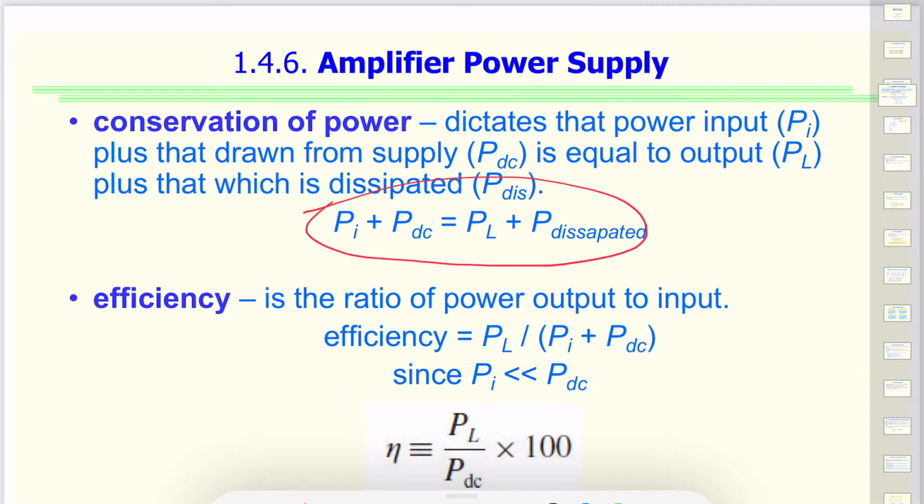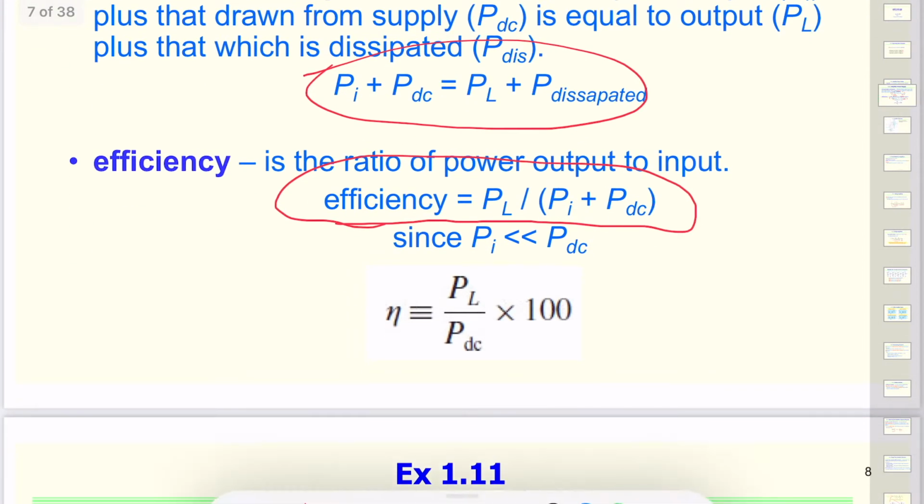Now, when there is input and output and there are other powers which are losses, we have to know what the efficiency is. So efficiency is the load power divided by the input side. But many times our input is much smaller, so we can simplify that relationship to be simply the load power divided by the power supply, and that gives us the efficiency for an amplifier.